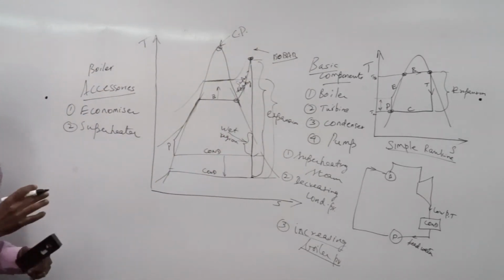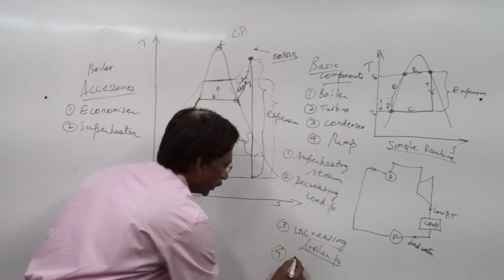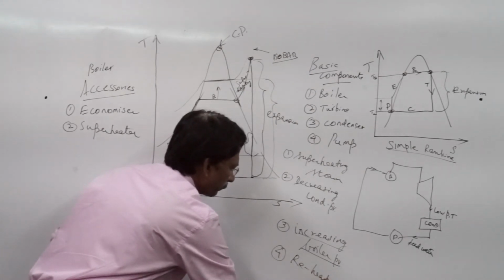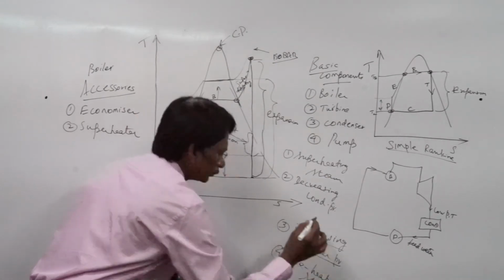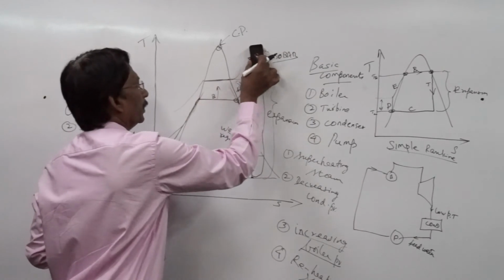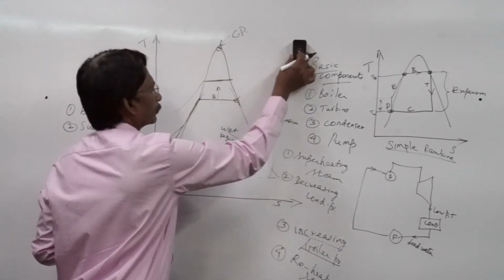The fourth method of modifying Rankine cycle is reheating steam. Now, let me draw the reheat cycle here for you.